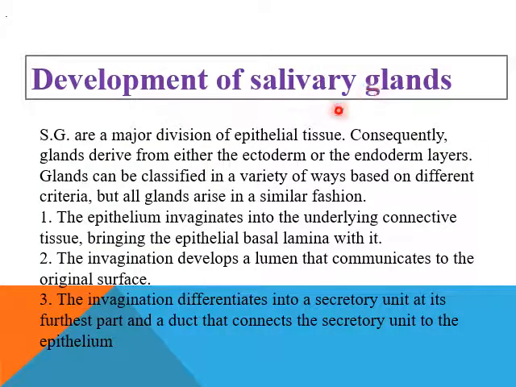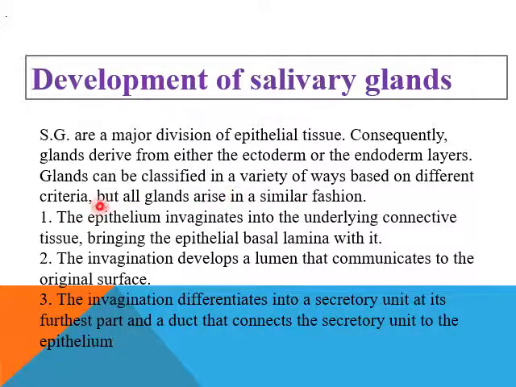Development of salivary gland. Salivary glands are a major division of epithelial tissue. Consequently, glands are derived from either the ectoderm or the endoderm layer. A gland can be classified in a variety of ways based on different criteria, but all glands arise in a similar fashion.